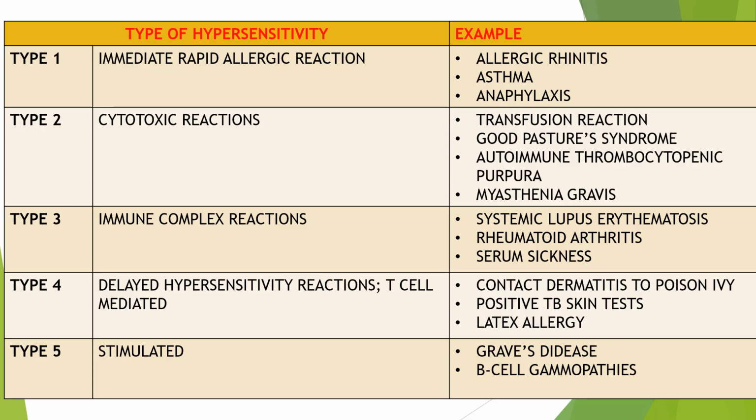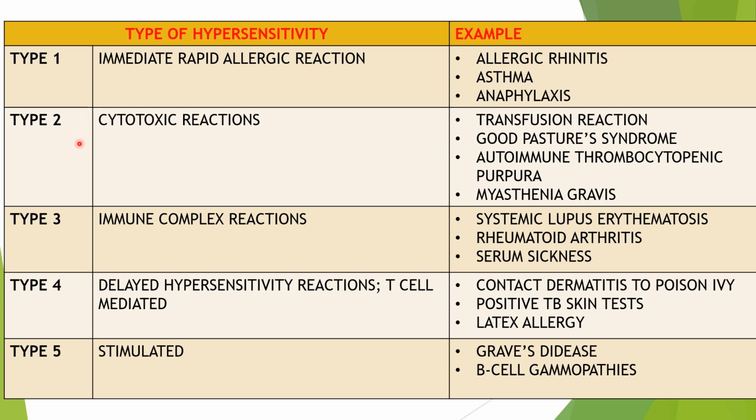Let's see one slide on the different types of hypersensitivity and examples. Type 1 is an immediate rapid allergic reaction. For example, allergic rhinitis, asthma and anaphylaxis you can see with this type 1.